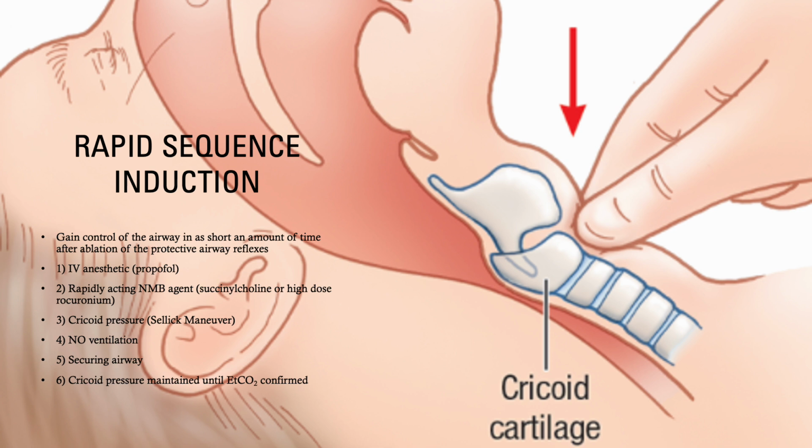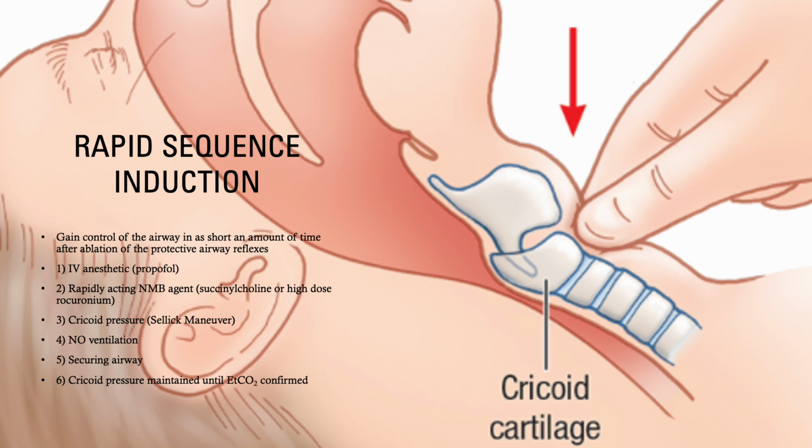Ventilation is generally not done in rapid sequence induction, just because we don't want any chance that air will go into the stomach. After the patient is asleep and the neuromuscular blocking agent has acted, we secure the airway.